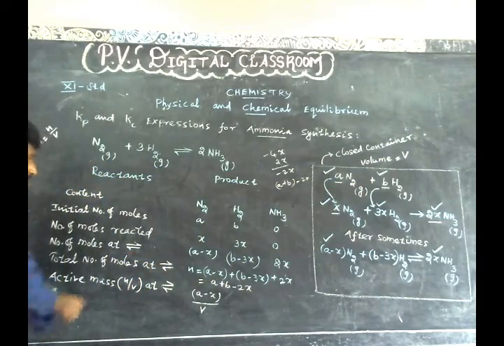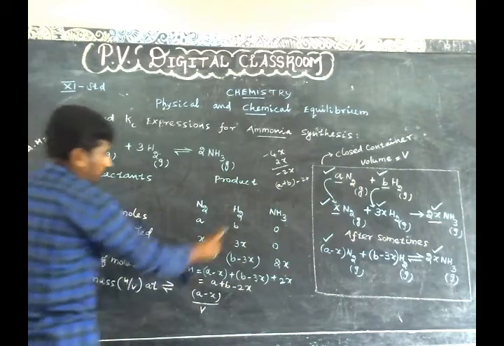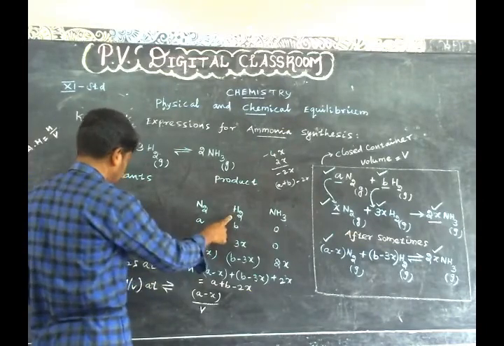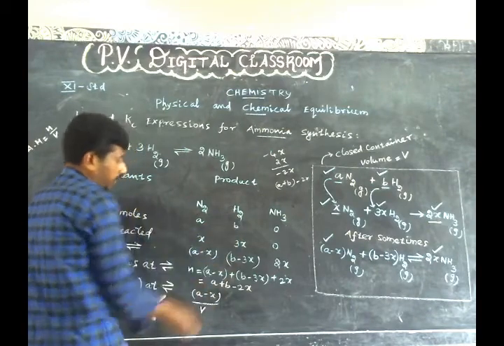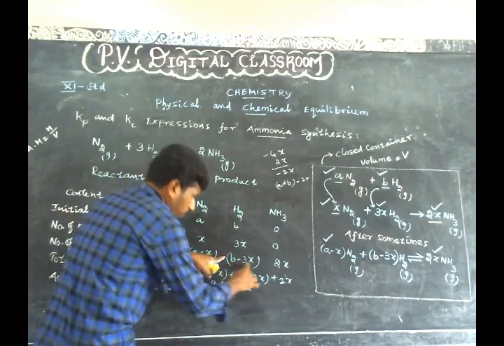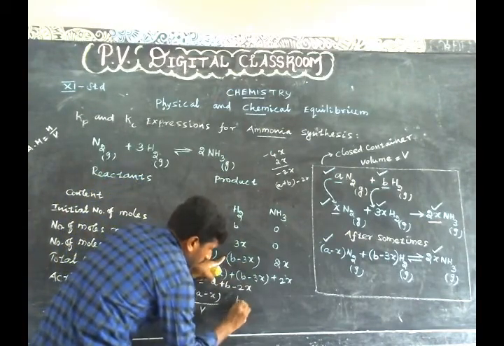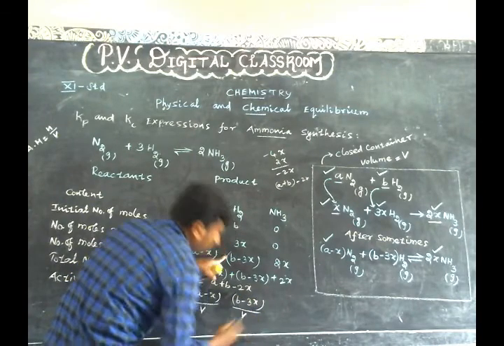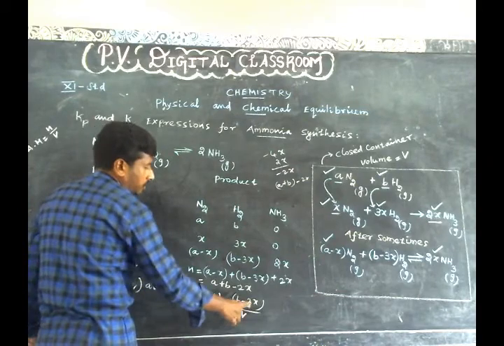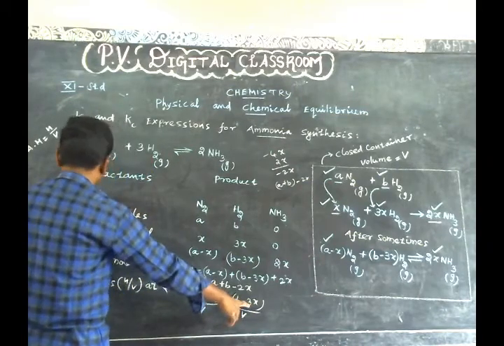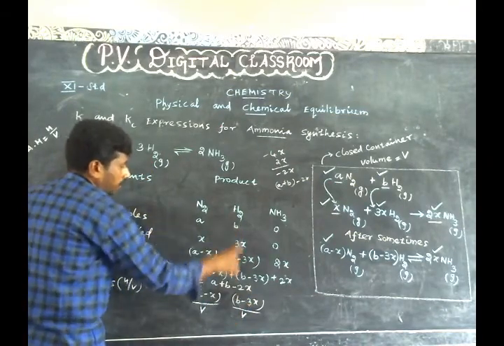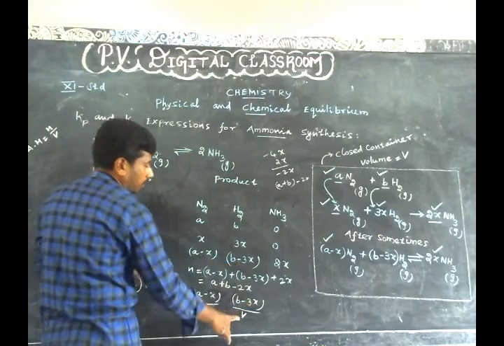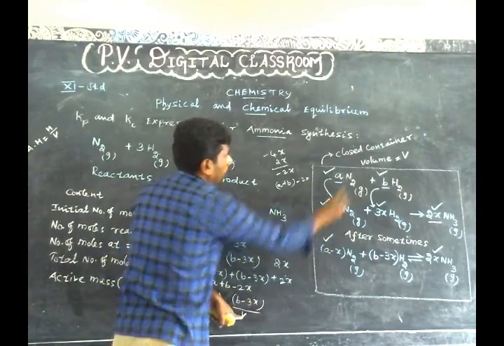Then, active mass of hydrogen gas at equilibrium is equal to B minus 3x divided by V. Here B minus 3x represents the number of moles of hydrogen gas at equilibrium and V represents the volume of the container.